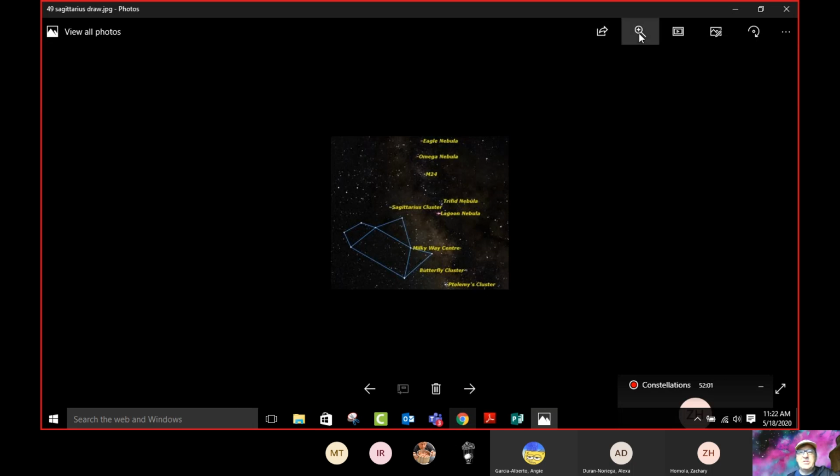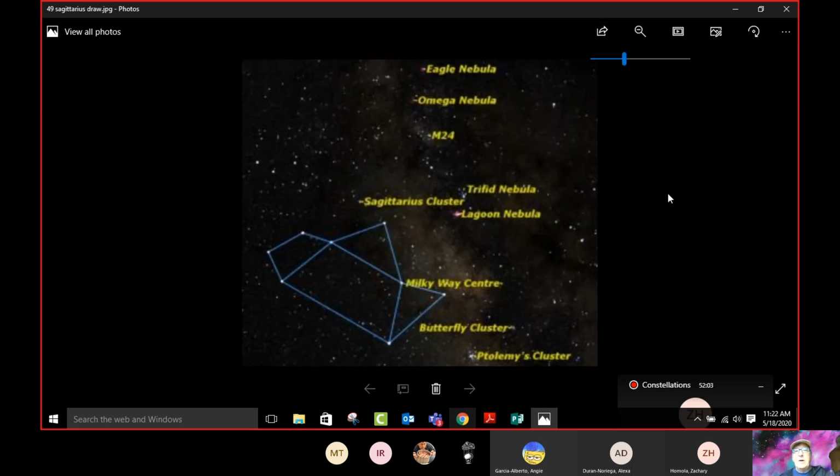I like this picture because it's got some nice labels of some of the objects that are in this direction of the sky. Really rich area to look at in a telescope. So we have several nebulae that we can look at. Oh, this is the Eagle Nebula. That's the one with the pillars of creation that have become famous from Hubble photos. And then we have a series of star clusters.